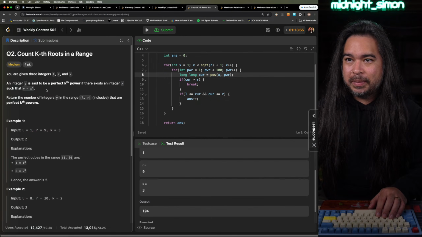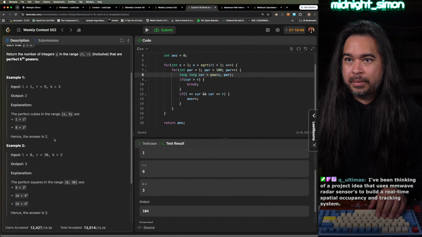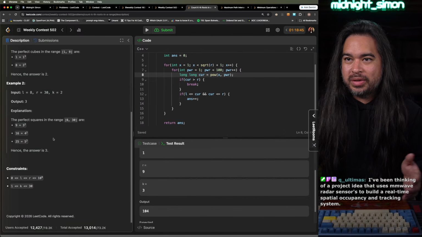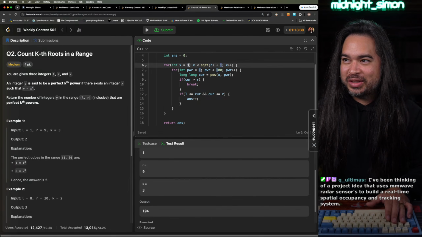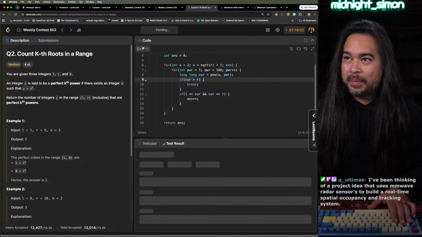Wait, what does it say? Because one to anything is in that range, right? So maybe I should start at 2. Maybe they don't like 1.